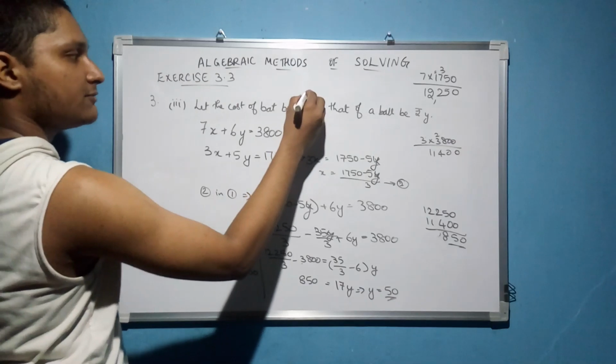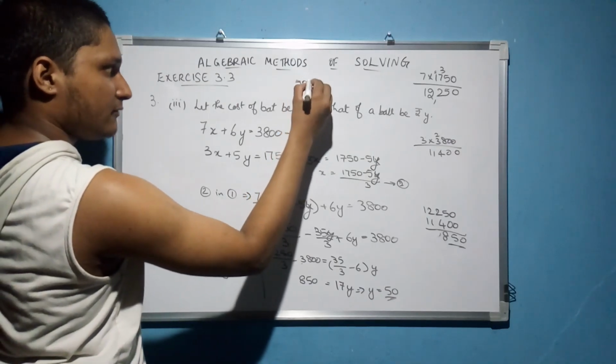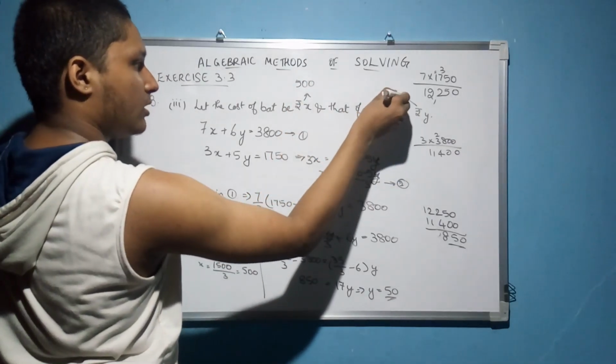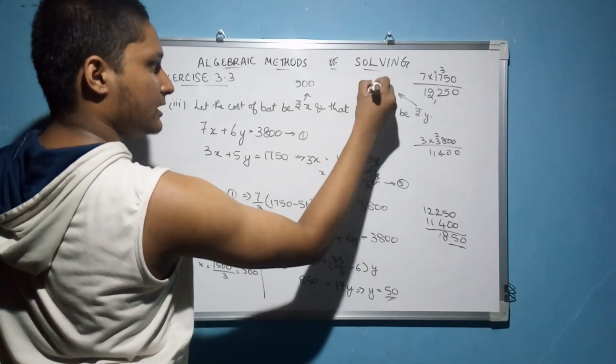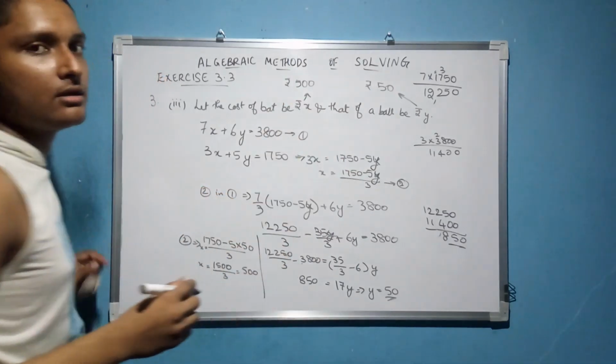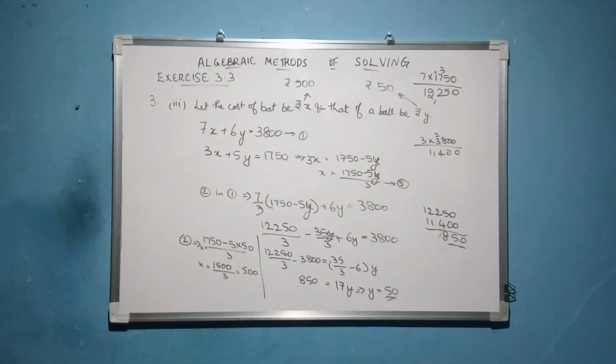Therefore the cost of the bat is rupees 500 and the cost of a ball is rupees 50. That is the conclusion of this problem.